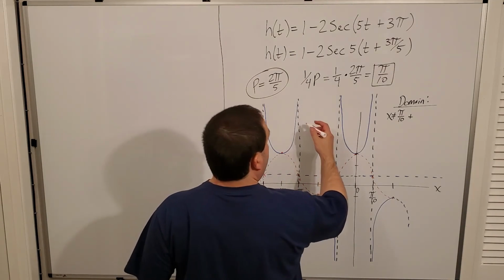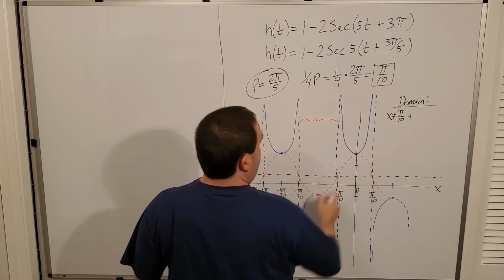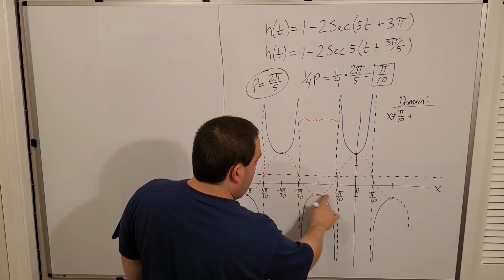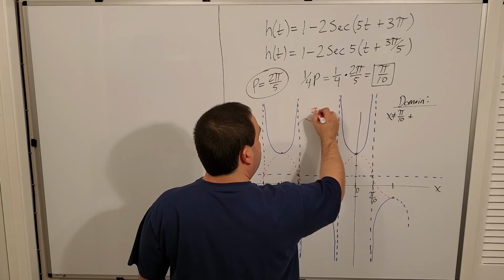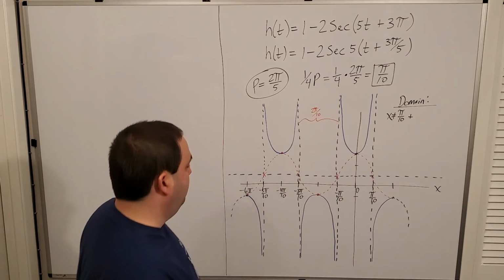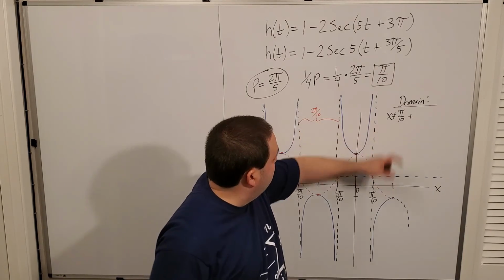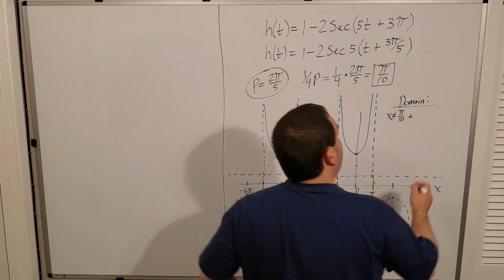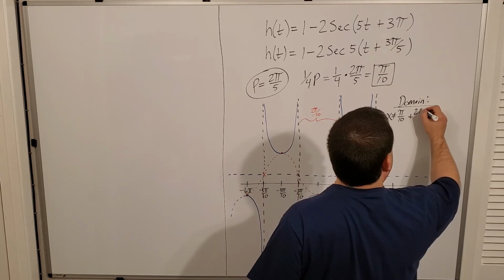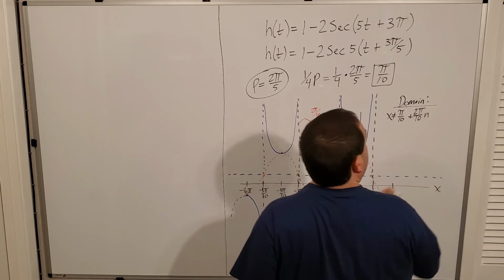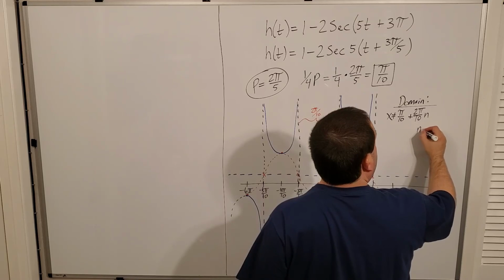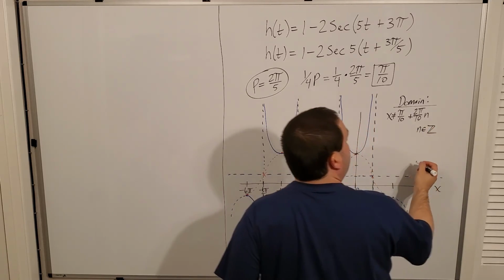So the gap from here to here is literally 2/10 pi, 2π/10. And since that has the same denominator as what I'm going with here, I'm going to leave it that way. So 2 pi over 10 times n. And I'm just going to say that n has to be any integer z.